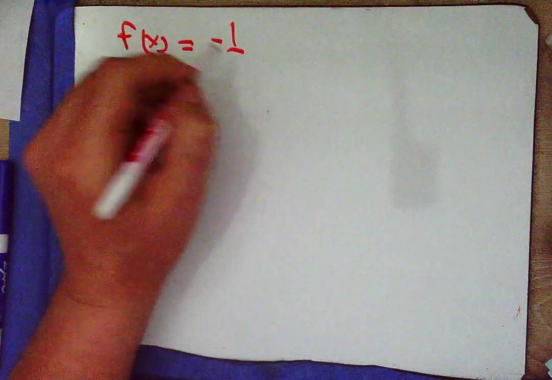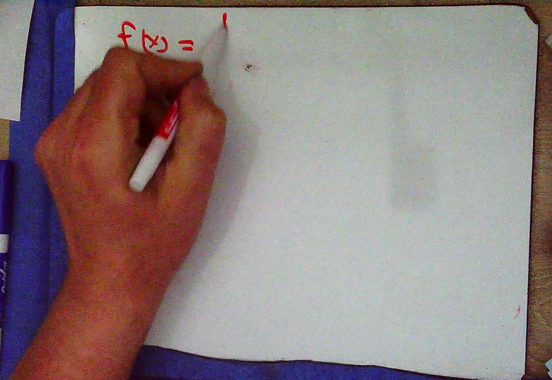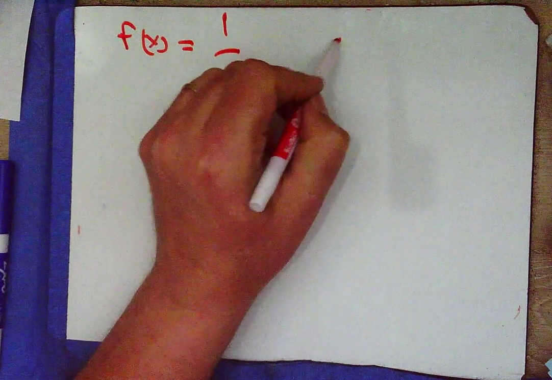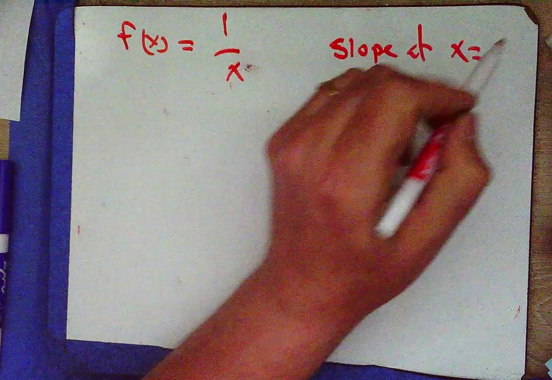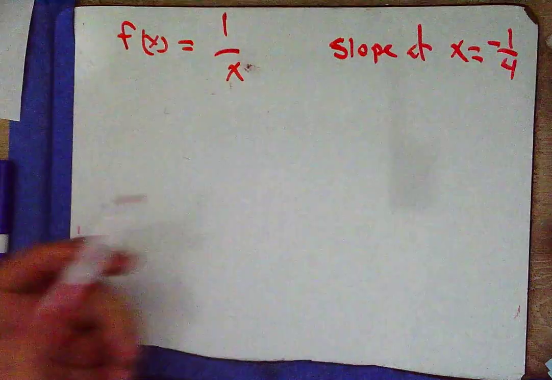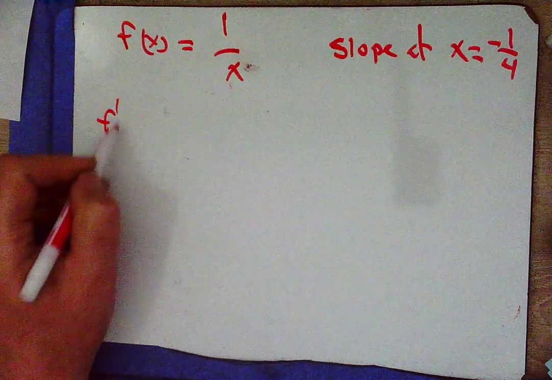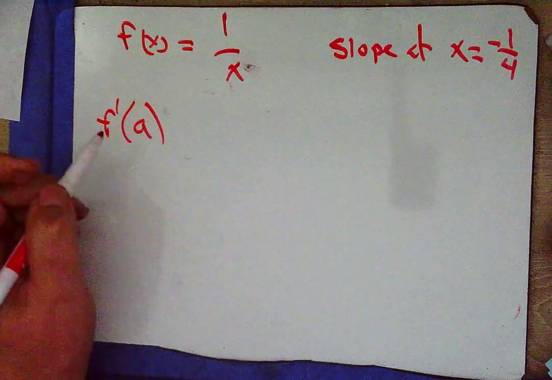All right, so what about, we still have f of x equals positive 1 over x, and I still want to know the slope at x equals negative 1/4. But this time, I want to go directly to finding f prime of a.